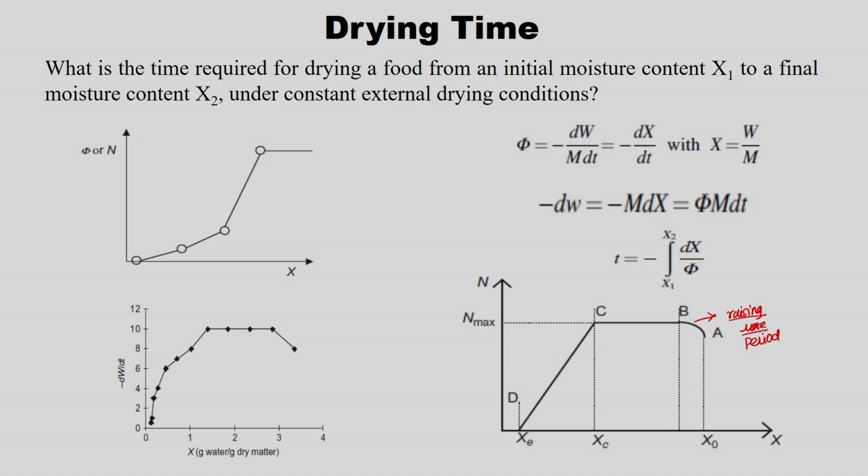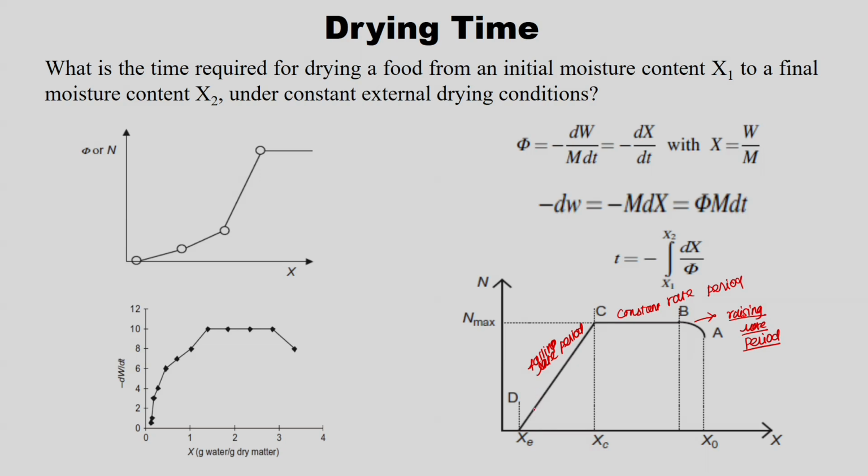This is a very short period, and we do not normally take it into account for drying calculations. The B to C is nothing but the constant rate period, and the C to D is nothing but the falling rate period. Okay. So, this is Xc.